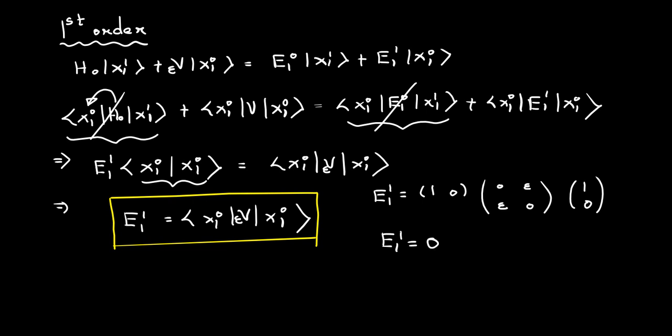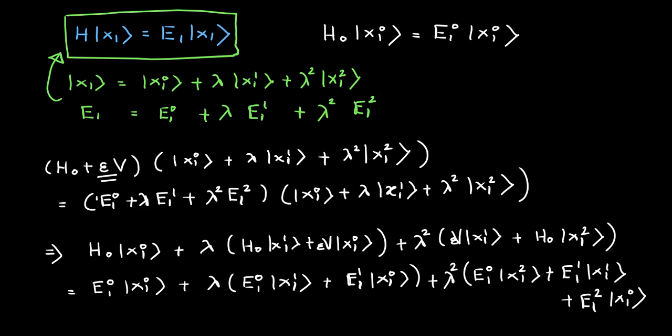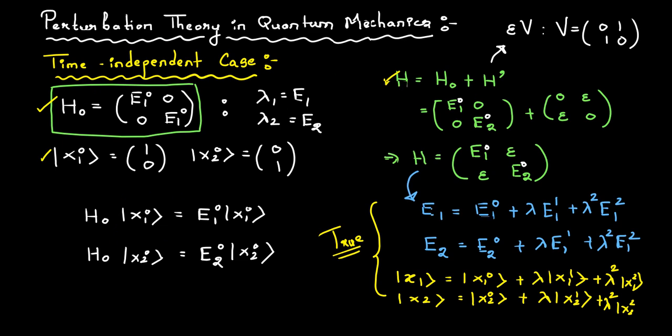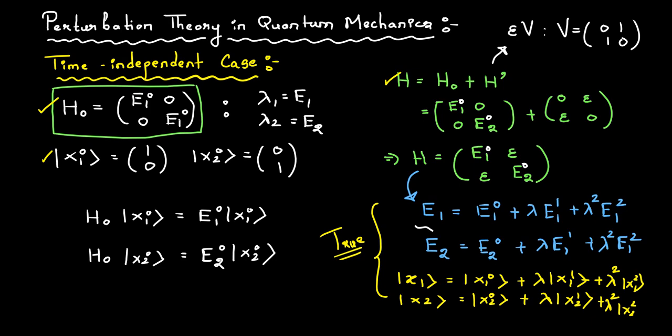Now you would say, okay, does it mean that even after adding perturbation there is no change in the eigenstate, which makes no sense? No, this is not true. Even though this term becomes 0 for our specific case, we are yet to see what the next term gives, and you will see that this particular second order correction turns out to be non-zero.